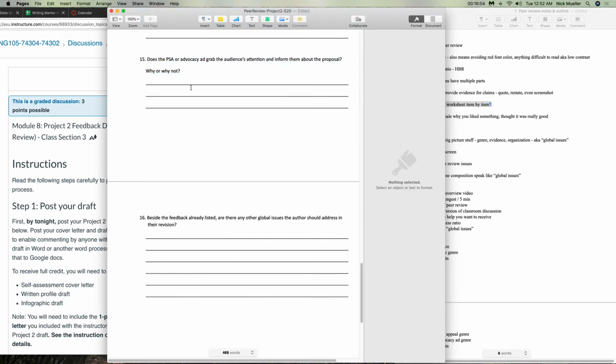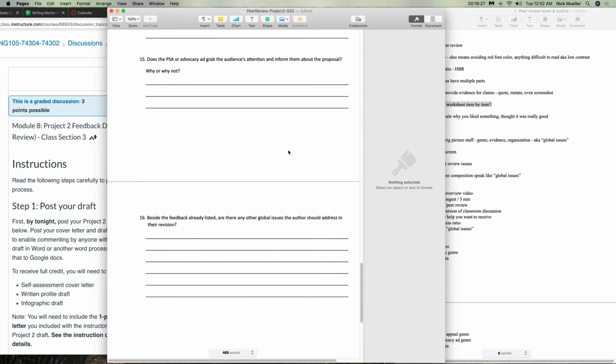15, does the PSA or advocacy ad grab the audience's attention and inform them about the proposal? This is the equivalent of the hook your audience early on that we mentioned. I believe it was question 1 of this worksheet. Does it happen or doesn't it? And if it grabs you, it probably grabs you in an emotional way.